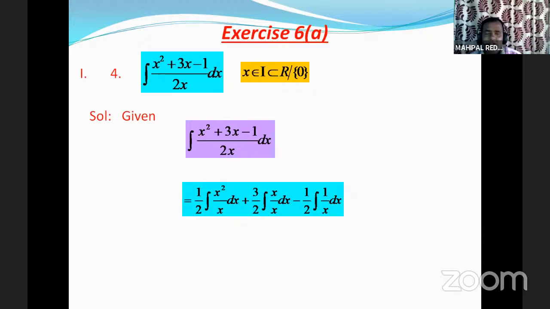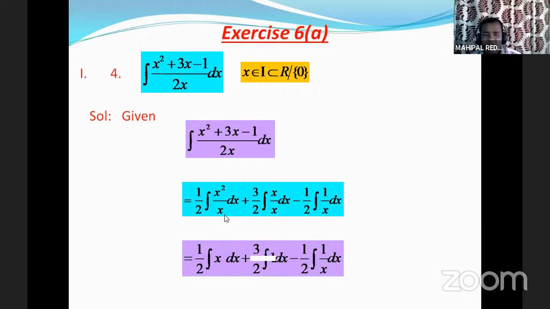So I'm writing the denominator individually: integration of x squared by x plus 3 by 2 outside, integration of x by x, minus 1 by 2 outside, 1 by x dx. So x squared by x is nothing but x, and x by x is nothing but 1. It now becomes 1 by 2 into integration of x dx plus 3 by 2 integration of 1 into dx minus 1 by 2 integration of 1 by x dx.